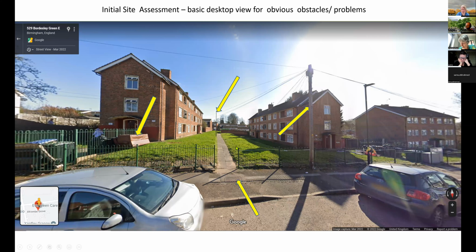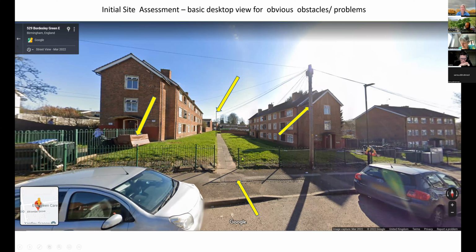It doesn't necessarily go hand in hand, because there are some very, very affluent areas where I know we've put street trees in and the local residents have come out and cut the tops off because they don't want the tree out the front of their house. So just because there are some signs like this in there, it doesn't mean there will be other issues, but it's something to be considered.